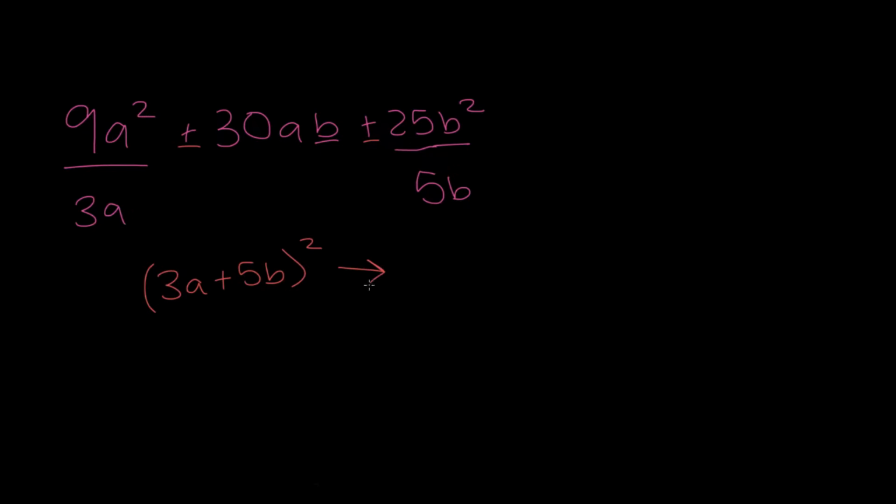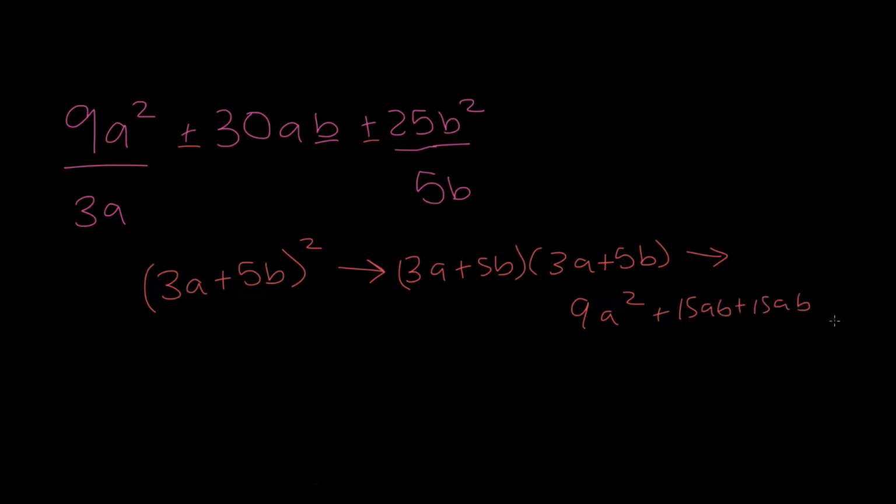So I could factor this out. So 3a plus 5b squared is the same thing as 3a plus 5b times 3a plus 5b, which is going to give us 9a squared plus 15ab plus 15ab plus 25b squared, my bad, which is the same thing as 9a squared plus 30ab plus 25b squared.